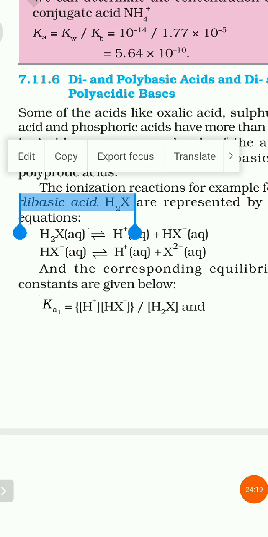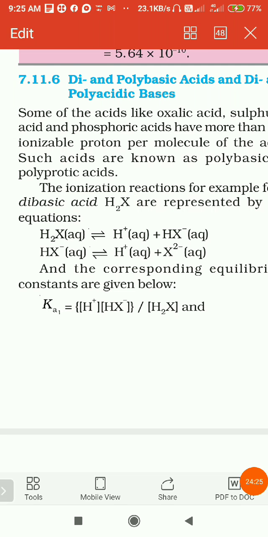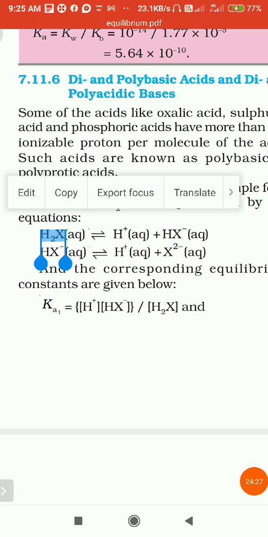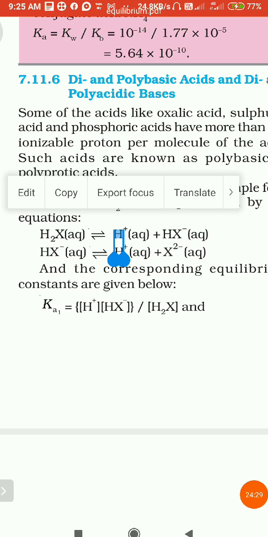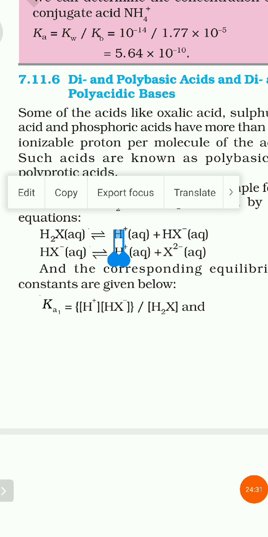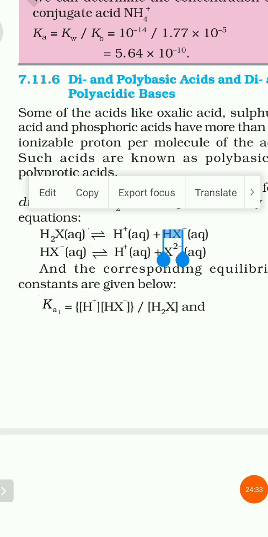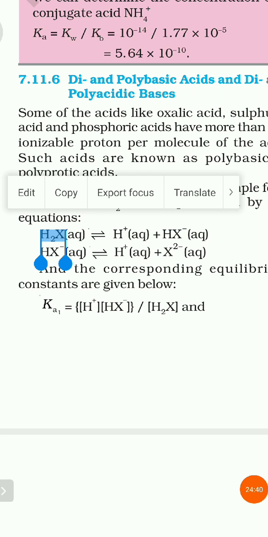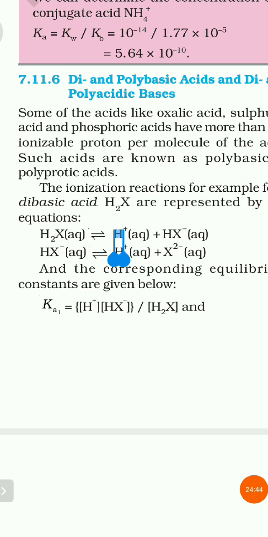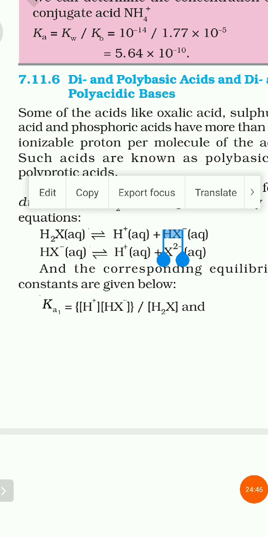Dibasic means two H plus ions are produced. When H2X dissociates, first of all one proton leaves, so an H plus ion is formed and an HX minus ion is produced.